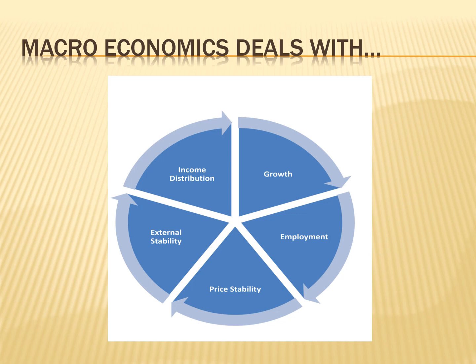Macroeconomics deals with growth, employment, price stability, external stability, and income distribution. The two main areas of macroeconomic research are long-term economic growth and shorter-term business cycles. Macroeconomics is a branch of economics that studies how an overall economy behaves.